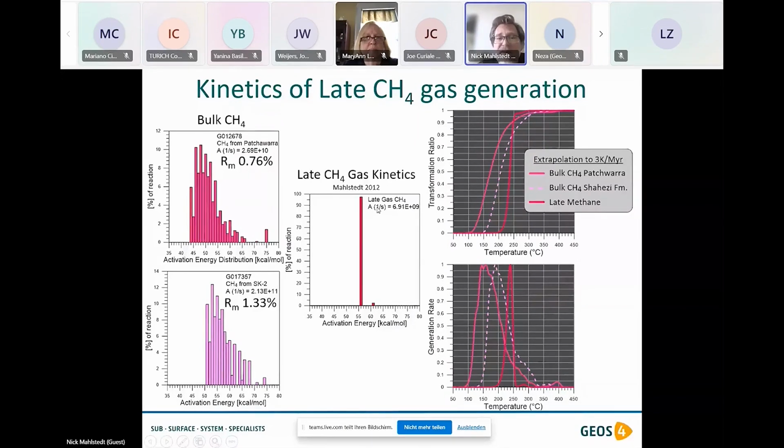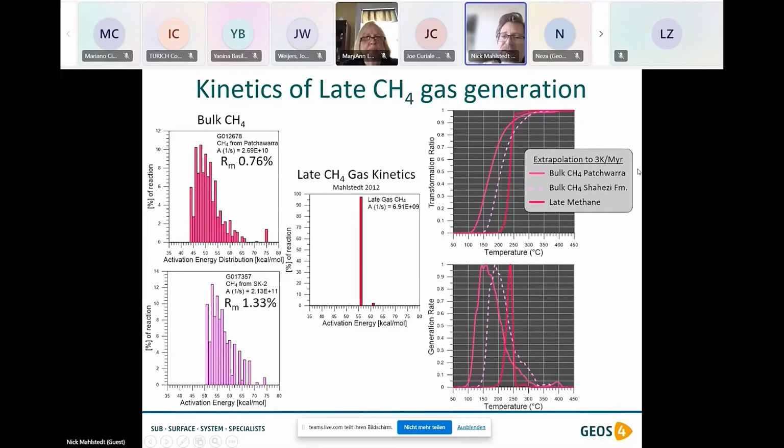Late methane generation can be described by a single activation energy at a very low frequency factor, and is descriptive of a specific formation mechanism, namely the previously discussed final demethylation of aromatic nuclei involving condensation reactions.